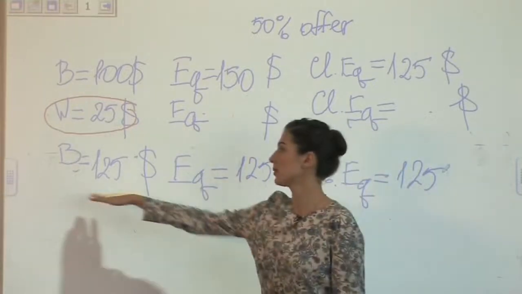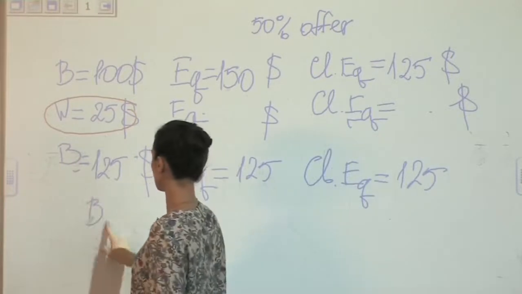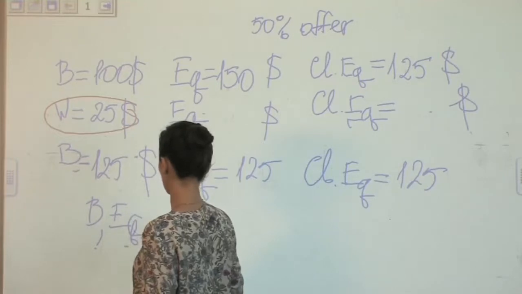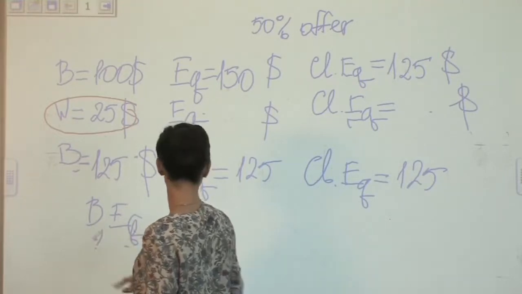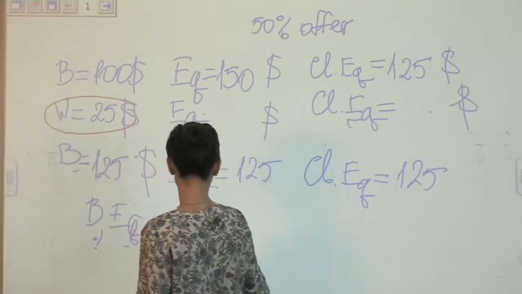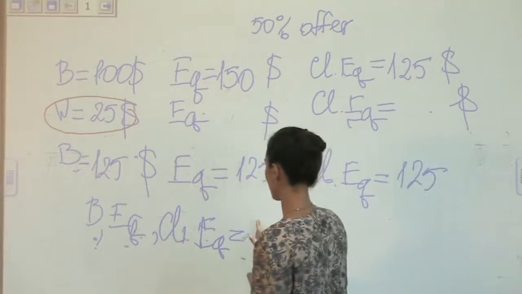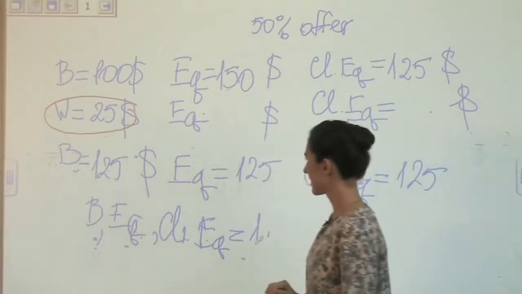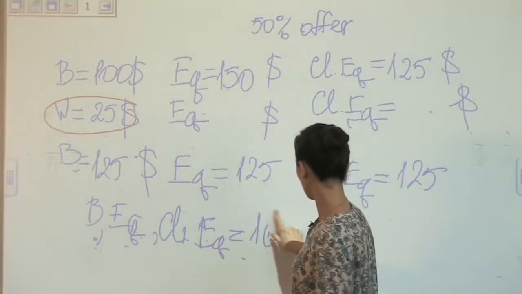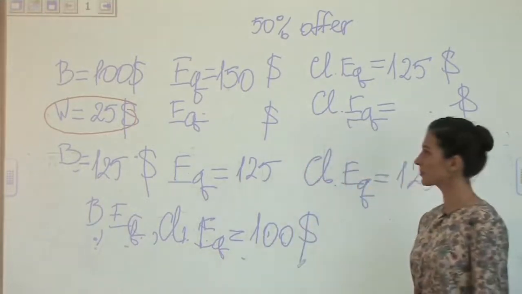All these parameters become equal to the clean equity, to be honest. Okay, equity. I'm sorry for my writing. This is not my best advantage. Okay, 100 in general, like this, after withdrawal.